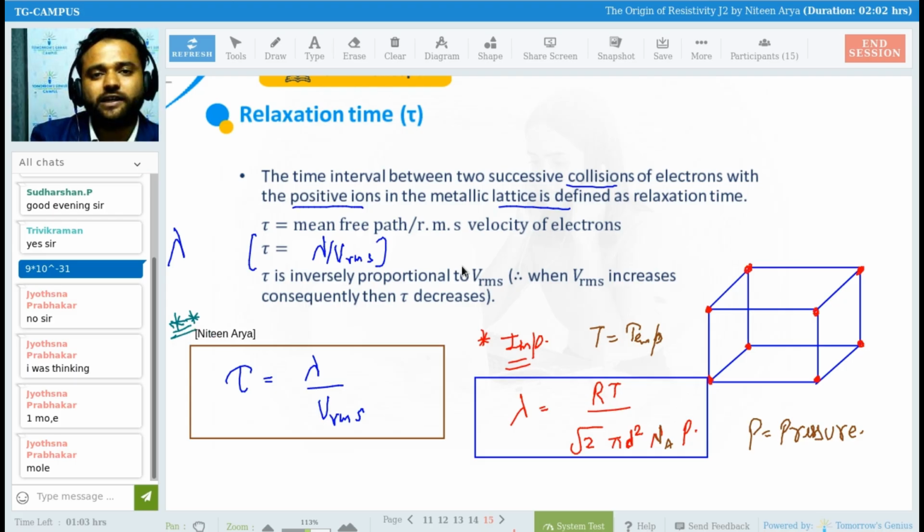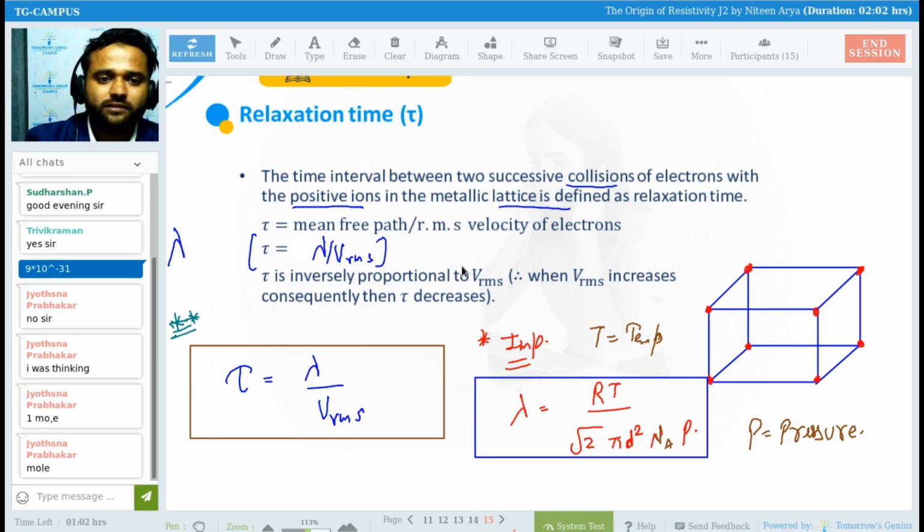Even from that relation you can find the Vd, which is simply a tau, and a is minus eE by m. So many interlinked relations for tau, for Vd, for mean free path. Okay, till now everything is clear.